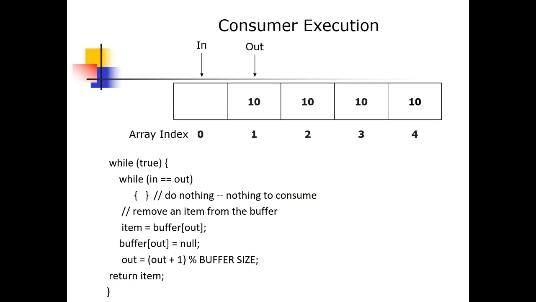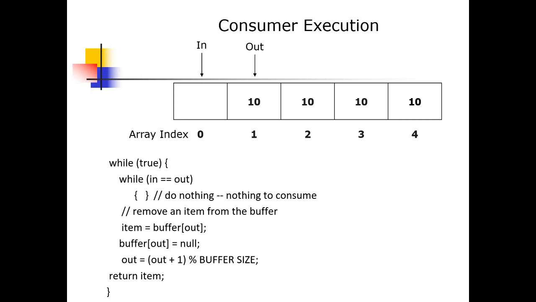Right? So now we will come back to the consumer. Consumer can consume items one at a time, right? So here we can run the consumer again, right? So in not equal to out because in is 0, out is 1.